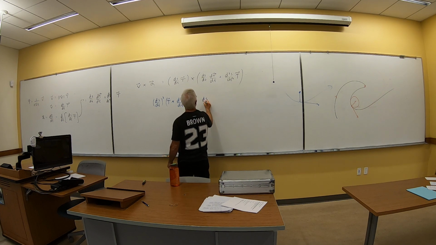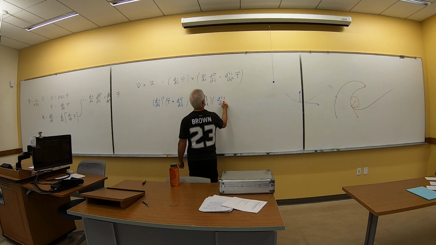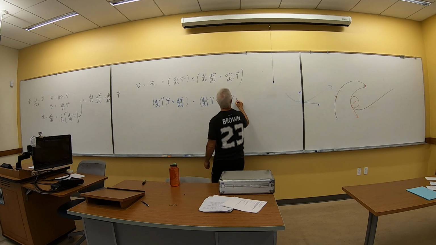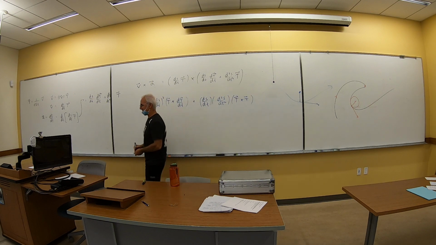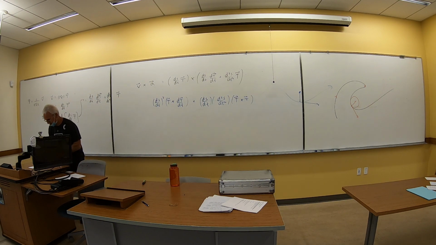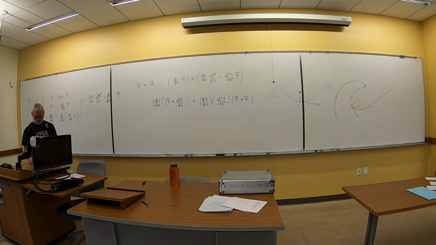Plus ds/dt times d²s/dt² times T cross T. Okay. I'm just going to write it in that form. Make sure I didn't lose anything here. So did I get all that right?